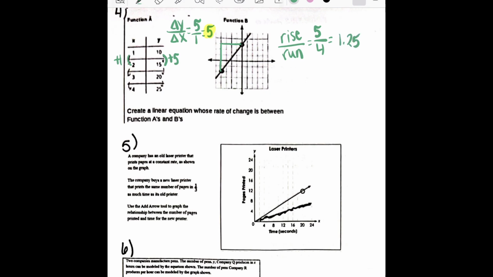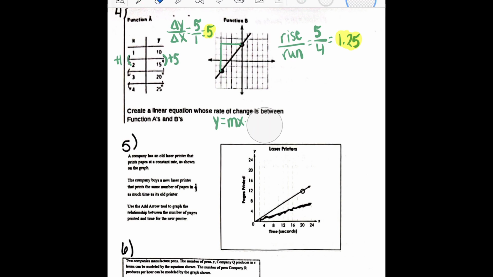There are multiple answers to this question. They want you to write a linear equation whose rate of change is between A and B's. So we need a number between 5 and 1.25. There are multiple answers for this. I'm going to go ahead and just say 3. So our equations are in the form y equals mx. You can add a b if you want to, but we can also just keep the b 0.